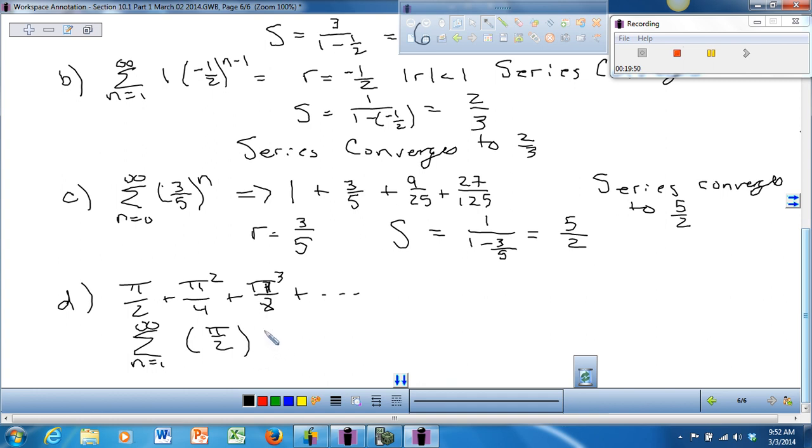Would it be n minus 1? Take a look. So it'll just be n, right? Make sure it matches up so you get the first term correct. So pi halves to the first is our first term. All right, what's my common ratio here? Pi halves. How does that relate to 1? It is greater than 1, so the series diverges.